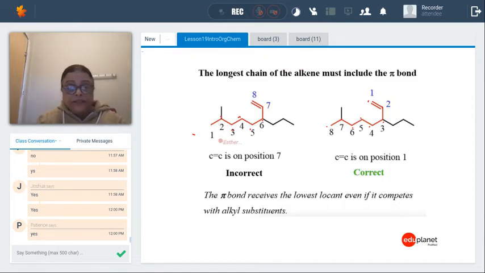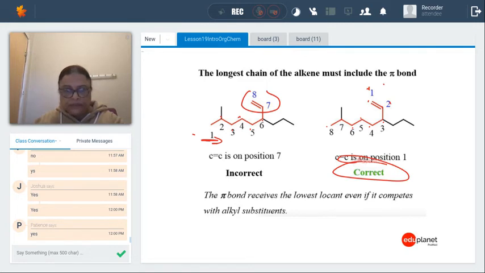Okay, here is the second rule. The C=C bond, the double bond, must get the lowest possible number. So if I count from left to right, the double bond will get position 7 and 8. If I count this way, it will get position 1 and 2, and this is the correct one.